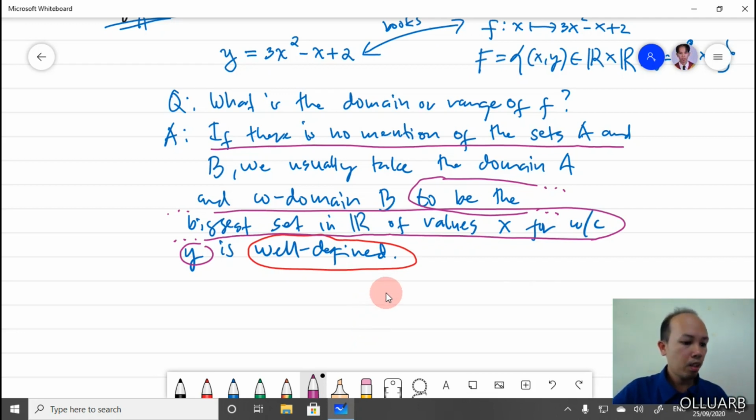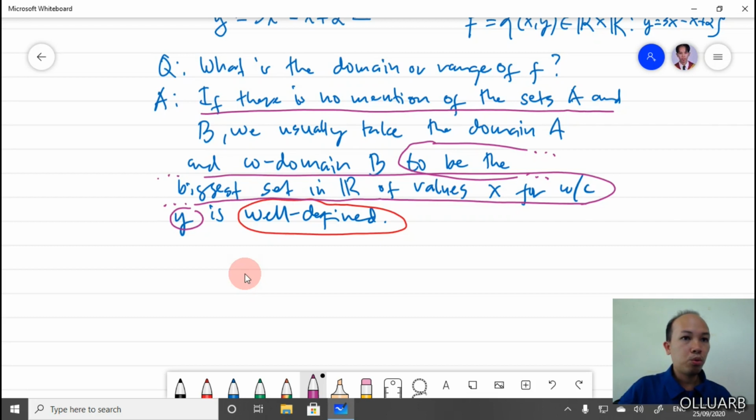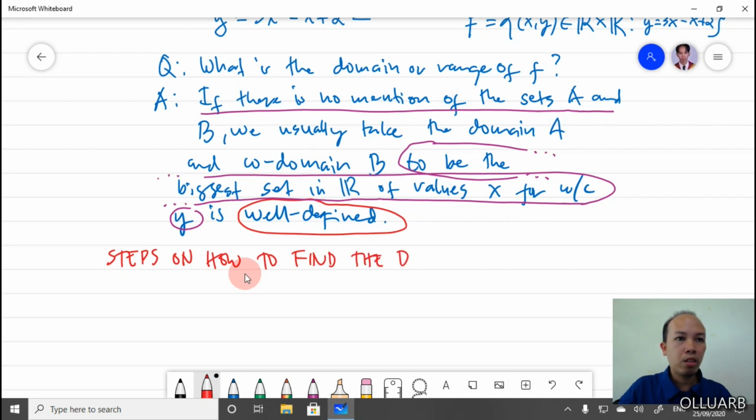Okay, so let's have a method, or steps, on how to find the domain of the relation or the equation y is equal to f of x.